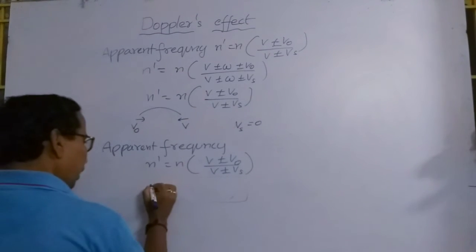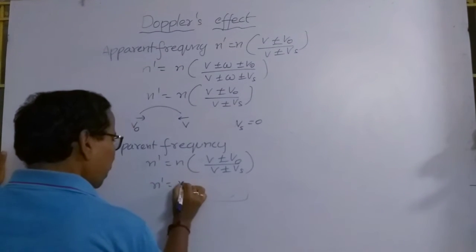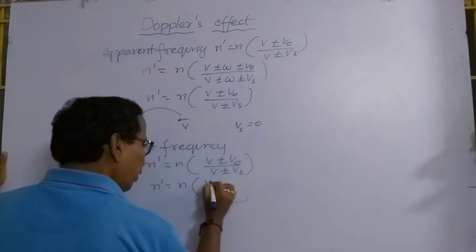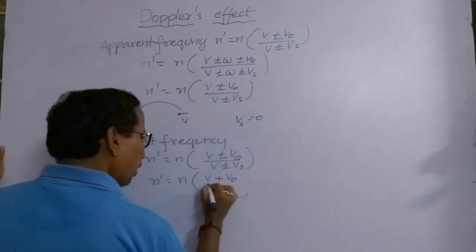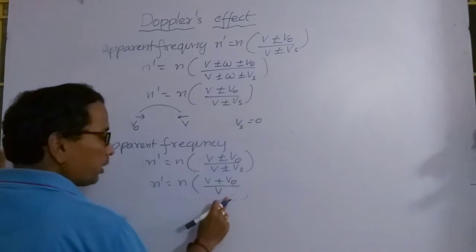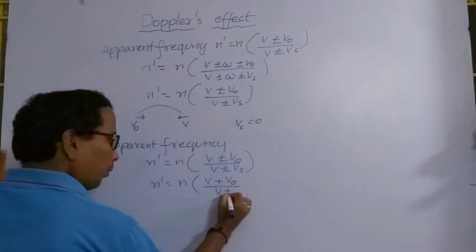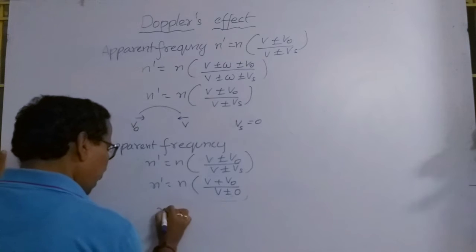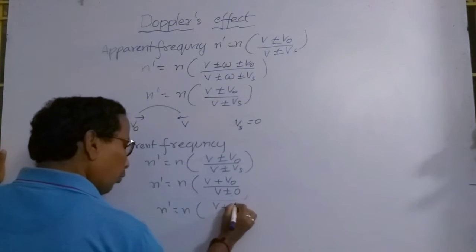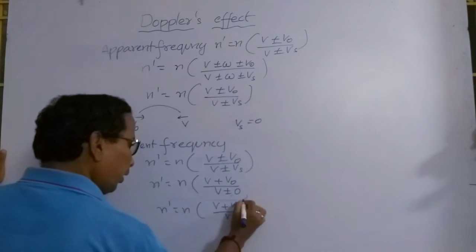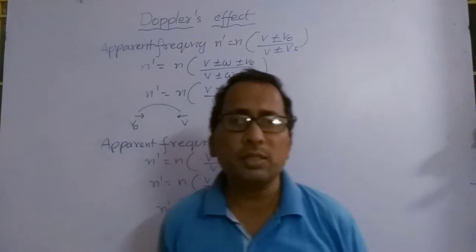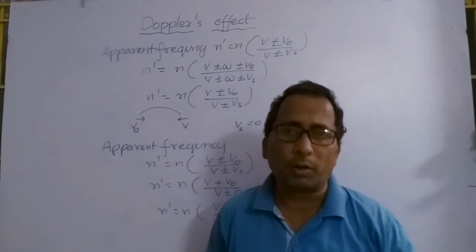That means opposite means plus. That's why V plus V naught by V plus or minus 0, which means itself V. You can write n dash is equal to n into (V plus V naught) by V. This is the formula. So this is the easy way to understand the Doppler effect.